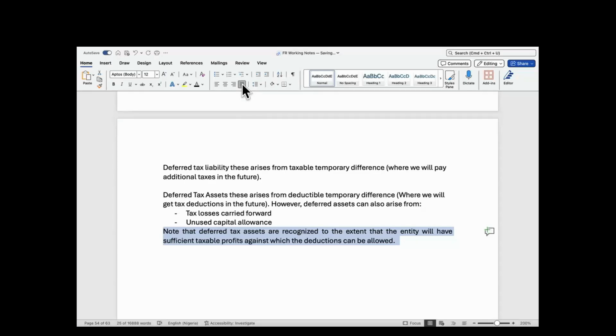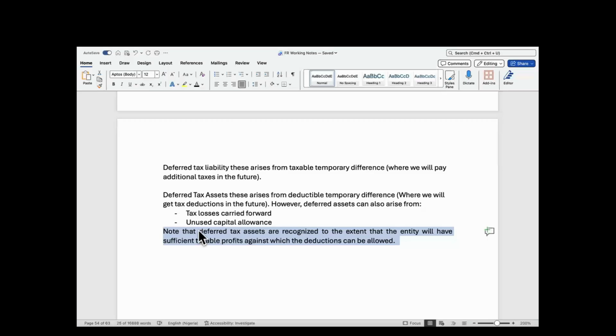So usually, if a company makes accounting loss for the year or in previous years, such company cannot recognize deferred tax assets, because we will say on the basis of the fact that it makes loss for the year means that it will make loss, even though that might not happen, but that's the only basis with which you can judge this.